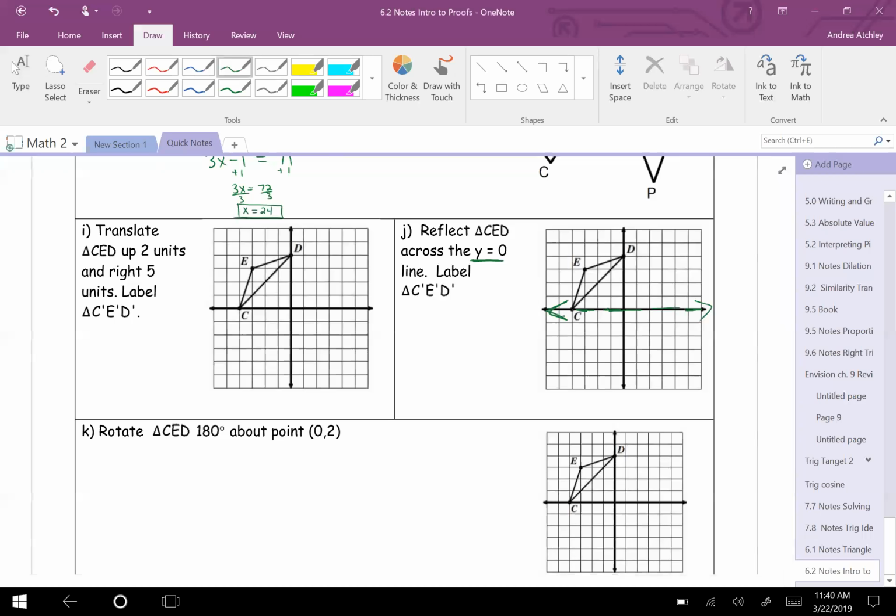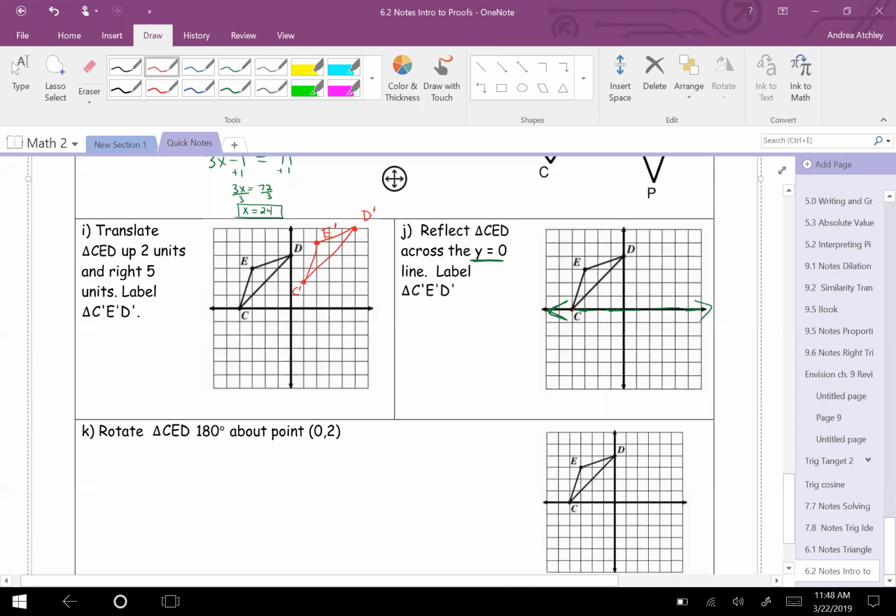Okay, so we translated this up 2 units and to the right 5. Now we're reflecting this across the y equals 0 line. Remember, this is y equals 0, not the y-axis. This is the y-axis. This is y equals 0.